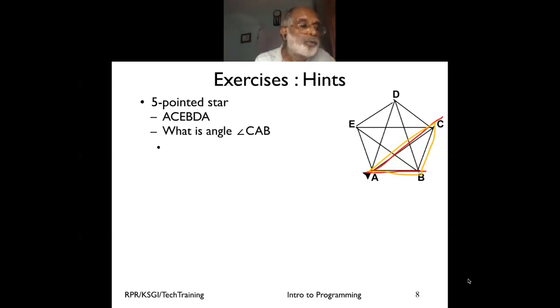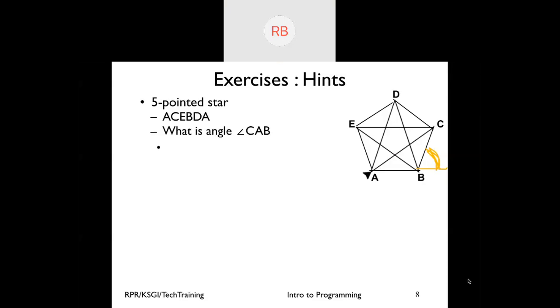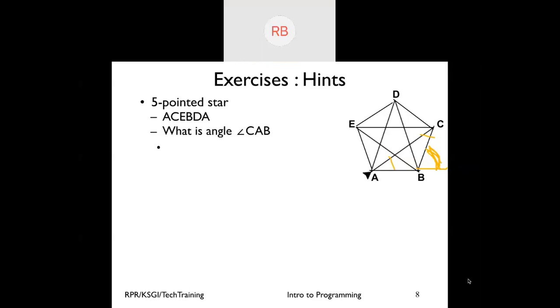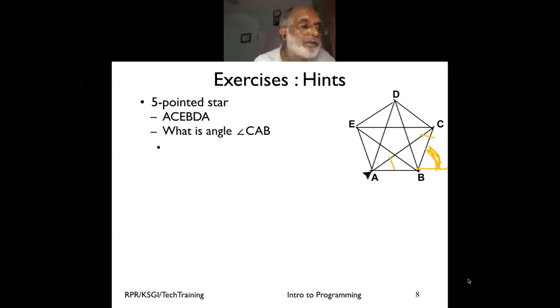Now, what is this external angle at C, the yellow one which I'm drawing? 72. If this angle is 72, it is the sum of angle A and angle B, so each is 36. So angle CAB is 36.